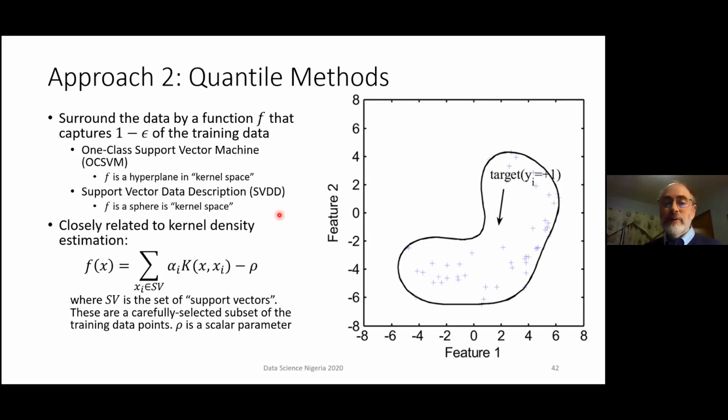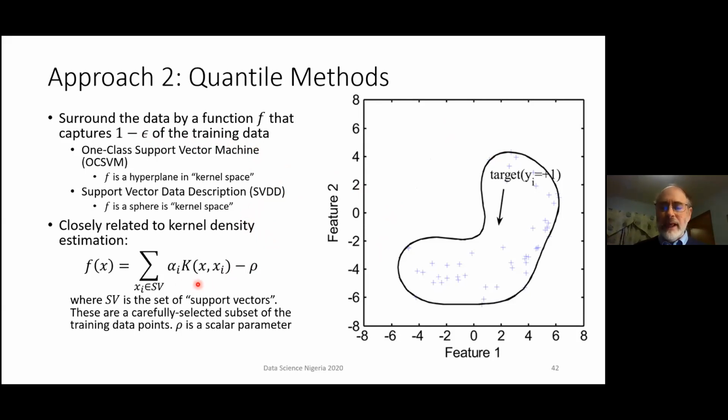And there's a similar method called support vector data description. F finds a hyperplane, or a sphere in support vector data description. It finds a sphere in what's called the kernel space. We don't have time to talk about that, but basically it's very closely related to kernel density estimation.